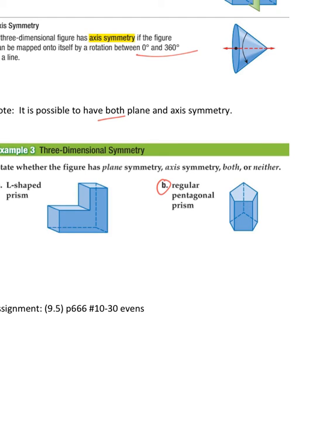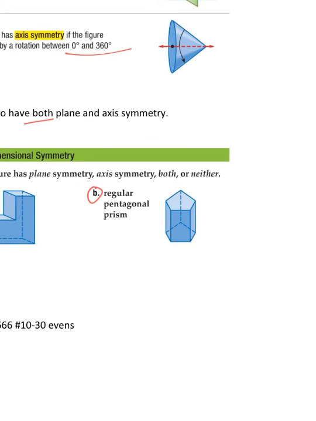What about axis symmetry? Imagine holding this shape and putting an index finger on the top point and a thumb on the bottom point.